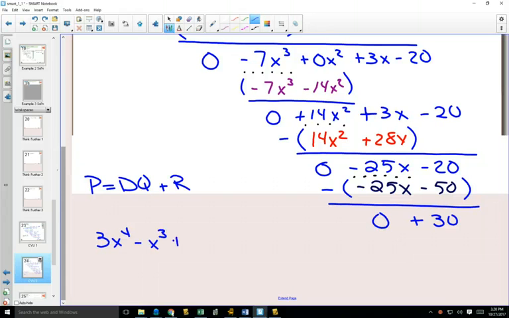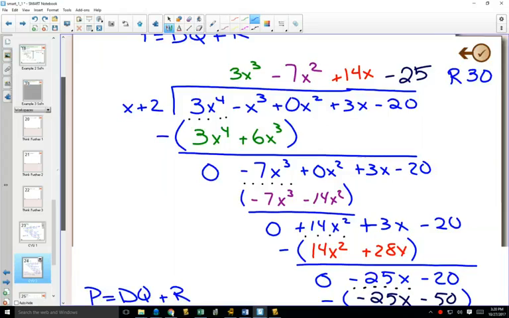And you don't have to write the 0x squared here. You can just go plus 3x minus 20 is equal to, we divided by x plus 2, and we multiplied by our quotient.